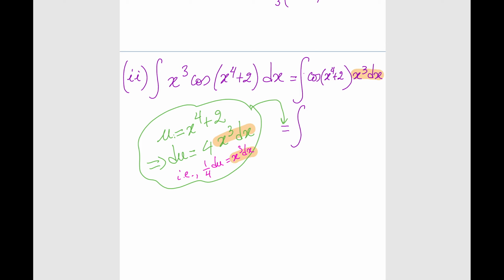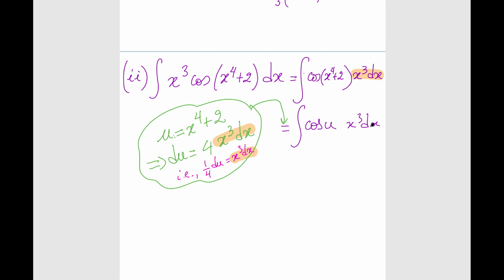So now if we go back to this, this integral becomes the integral of cosine of this guy, which we chose to be u. You cannot write here x cubed dx. You cannot have a mixture of variables, u and x, because you're integrating with respect to x. You have to have homogeneity of the variable.